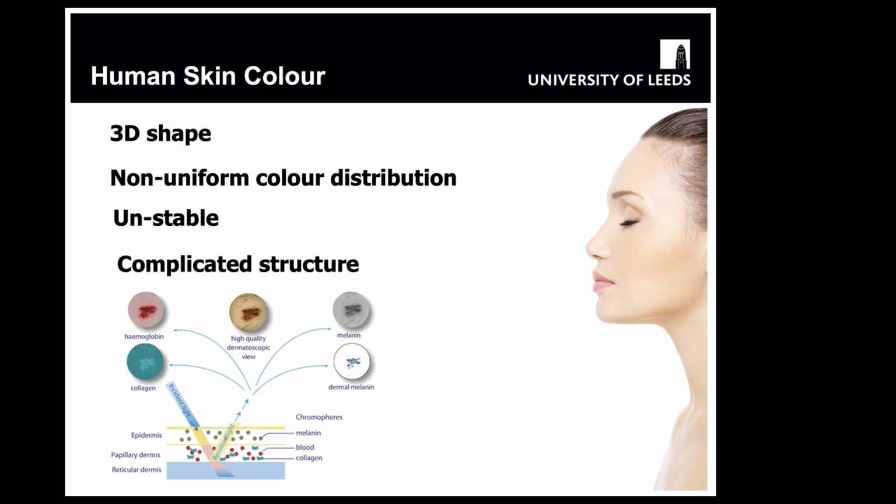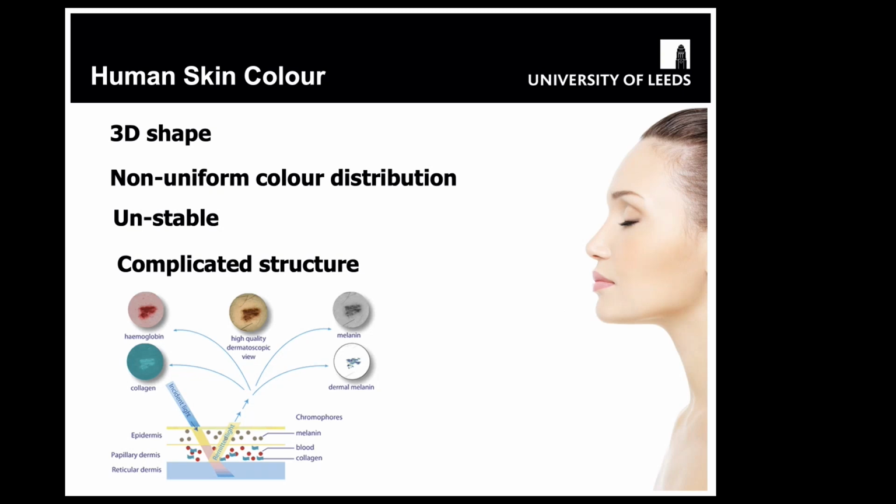If you measure your skin color in the morning and again in the afternoon, you may be surprised to find how large the variation is. Conventional color measurement is supposed to measure a flat, uniform sample, and of course we don't expect the color to keep changing during the measurement. So that is a challenge for human skin color measurement.